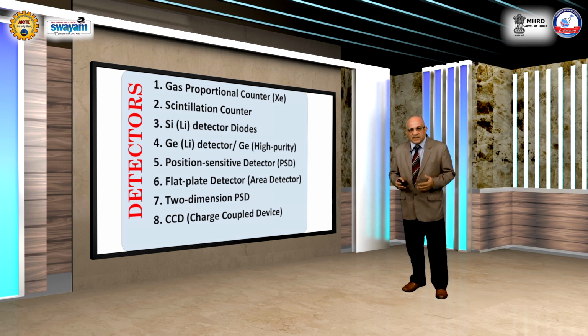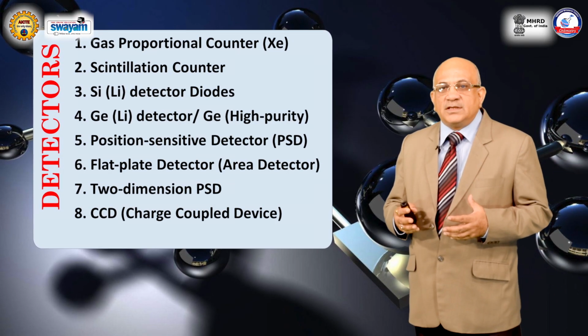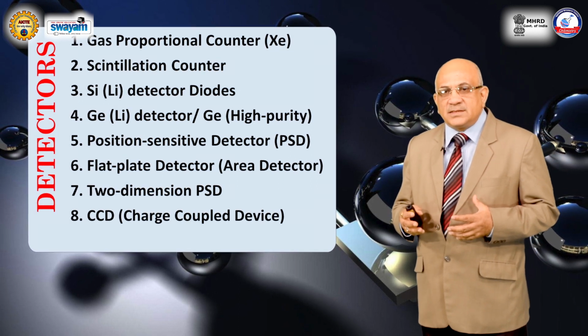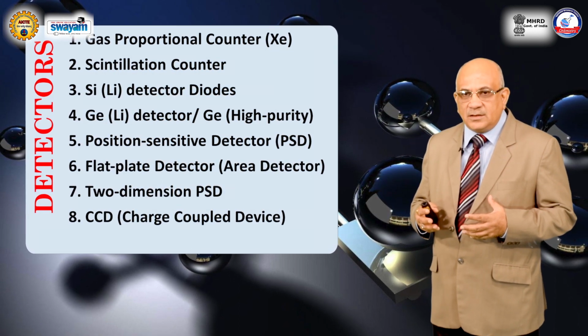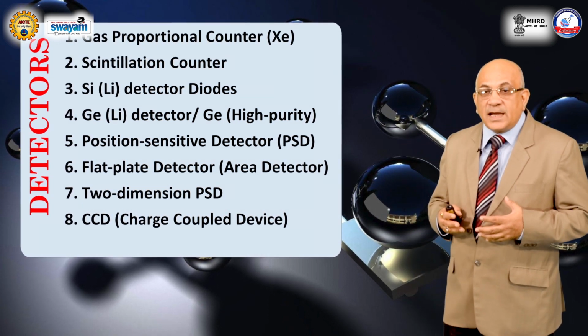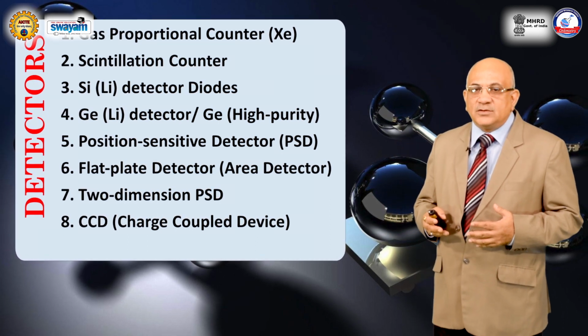There are many types of detectors available today. However, the cost of the detector can change, and hence it depends what kind of detector you want to use. It also depends how much accuracy you want in your measurements. Based on that, you can choose your detector.